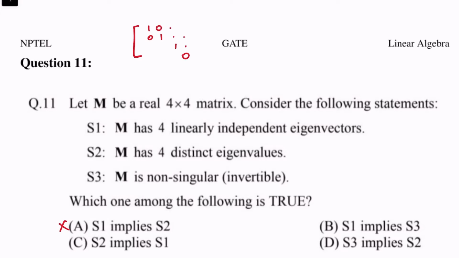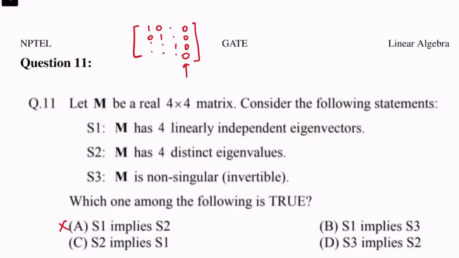Same thing, you'll have to populate zeros like so. This matrix is not invertible because you have a column of zeros here. It's not invertible, but it does have 4 linearly independent eigenvectors.